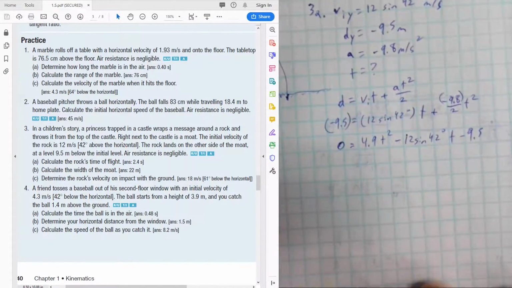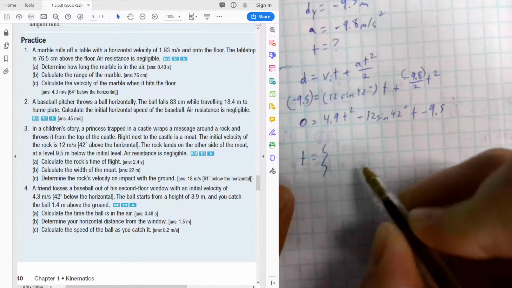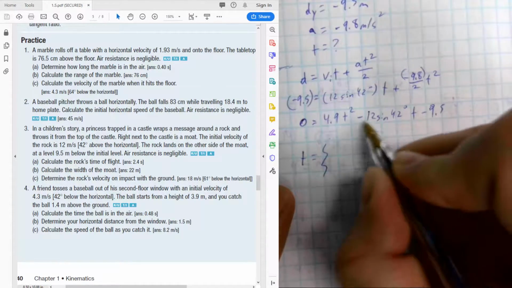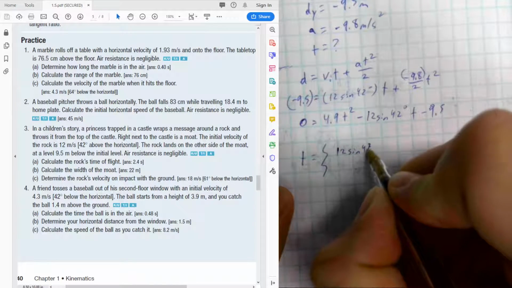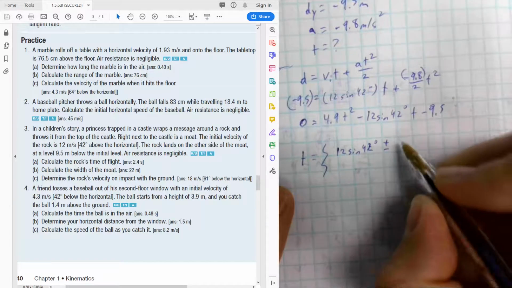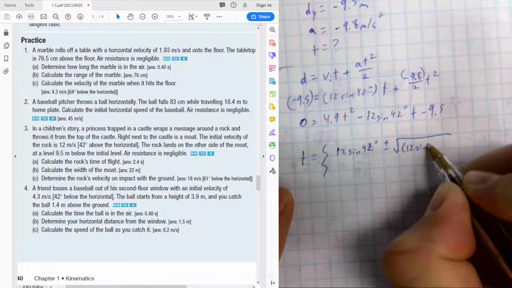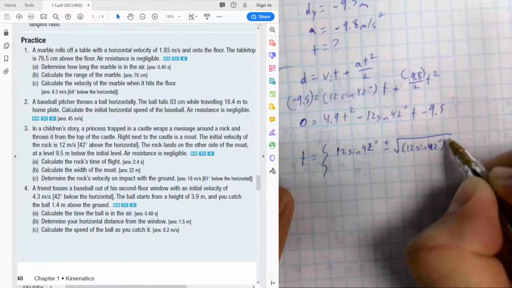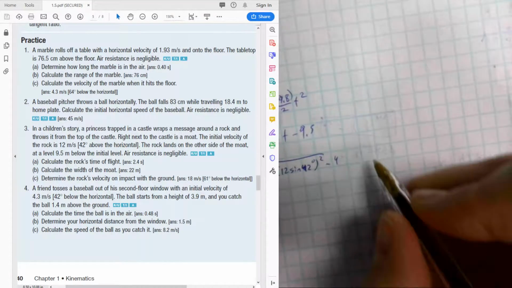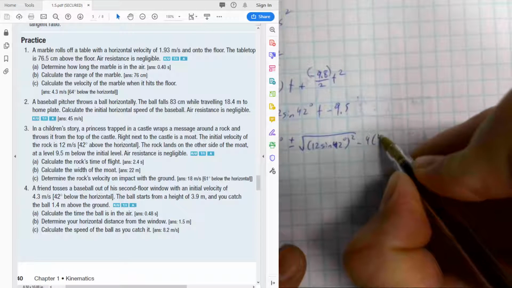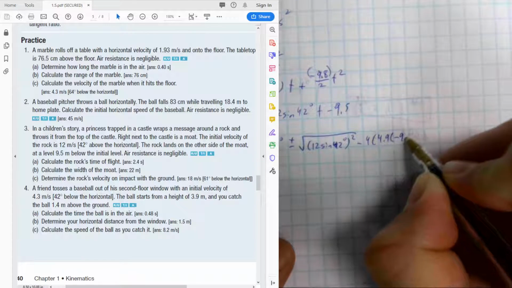Now, this would have to be solved using the quadratic equation. So t equals, this term becomes positive, so I'll write 12 sine 42 degrees plus or minus the square root of 12 sine 42 degrees squared minus 4 times 4.9 times negative 9.5.